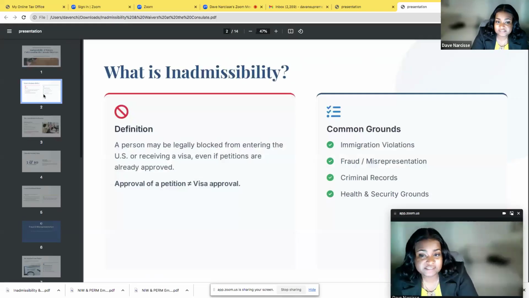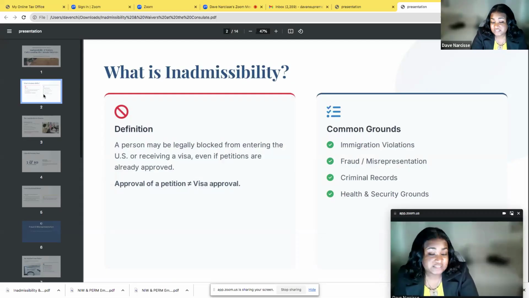What is inadmissibility? The definition is that a person may be legally blocked from entering the U.S. or receiving a visa even if the petition is approved. Let's say you have an I-130 approved, or you are inside of the United States and have an application approved, but because you're inadmissible, you cannot get the benefits, or if you're outside of the United States, you cannot get a visa. The common reasons for somebody to be inadmissible are immigration violations, fraud or misrepresentation.